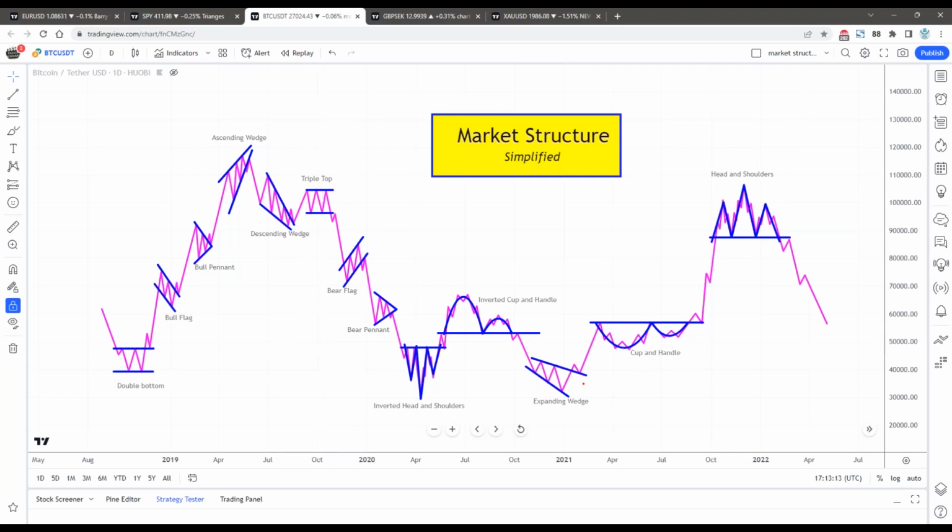So I take them together and put them all in one category. A pennant, a wedge, a pennant, expanding wedge. Okay, anything that's got two sides moving at some type of degree towards each other and has a base, in my definition, is a triangle.